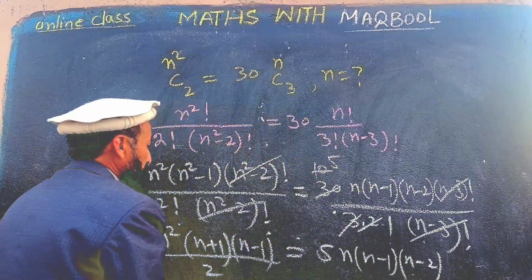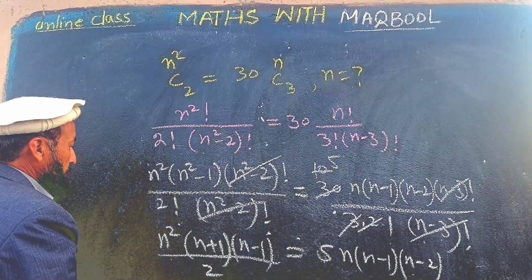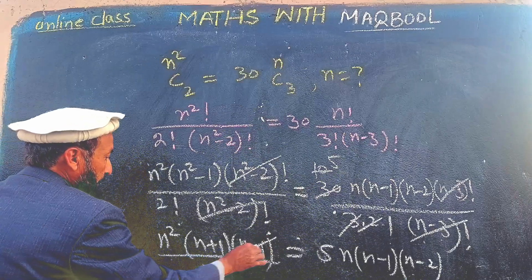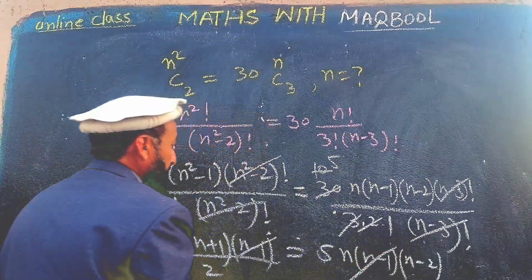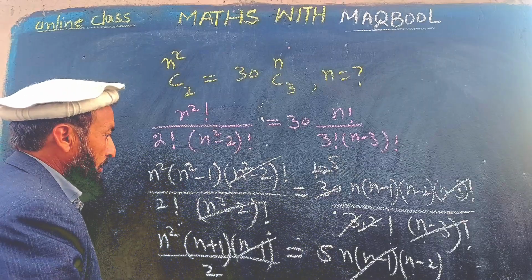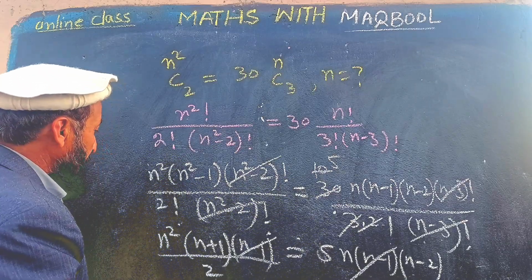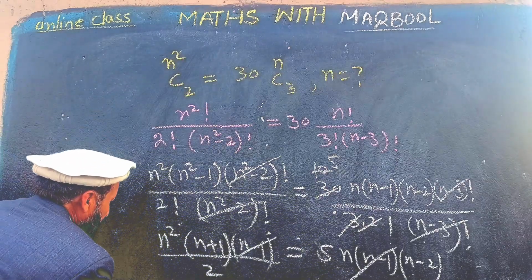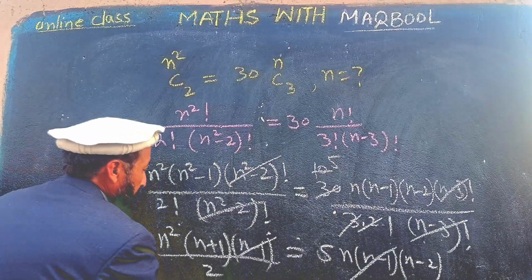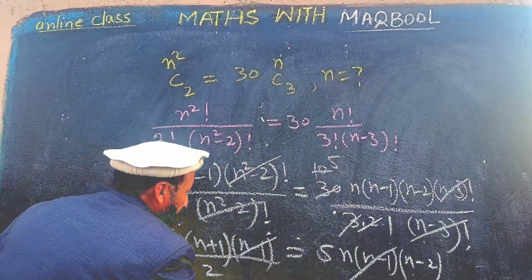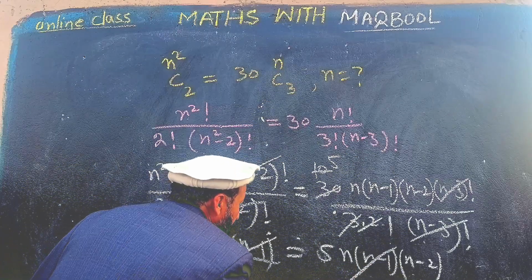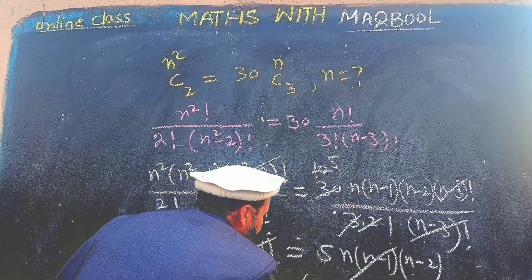According to this formula, cancellation is required here with n minus 2. Now we expand these terms: n² times (n plus 1) equals 2 multiplied, this will be 10, and n² minus 2n.